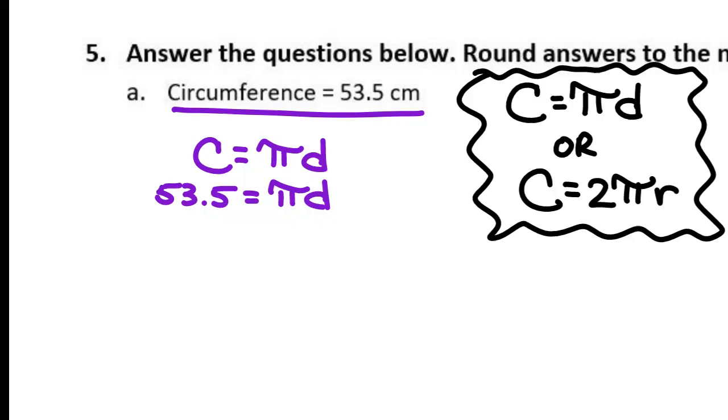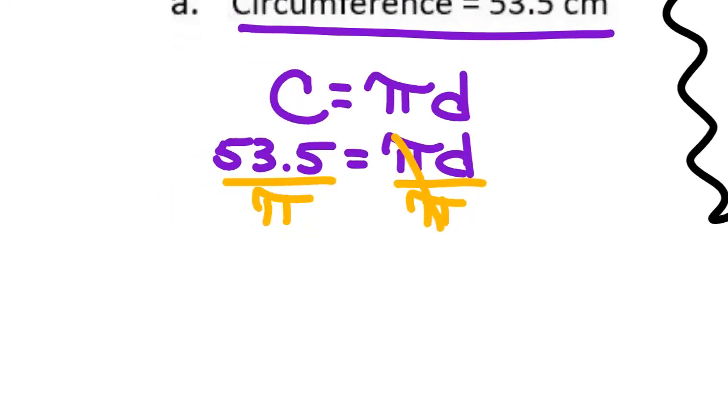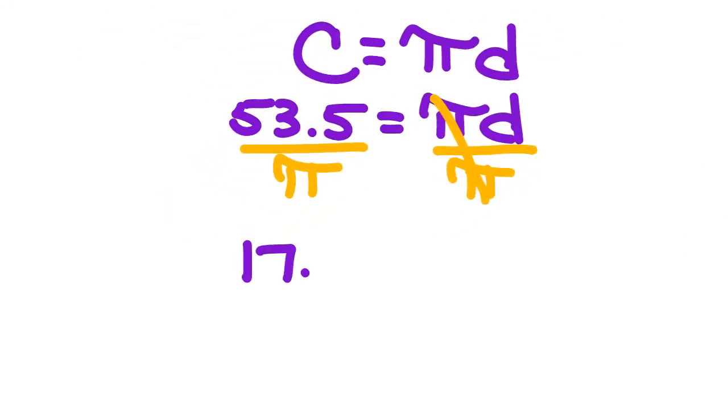And then what would I need to get D, the diameter, alone? Divide both sides by pi. Use the pi button on the calculator. What is 53.5 divided by pi? 17.029 or 03, I think, because the next number's a 9, right?